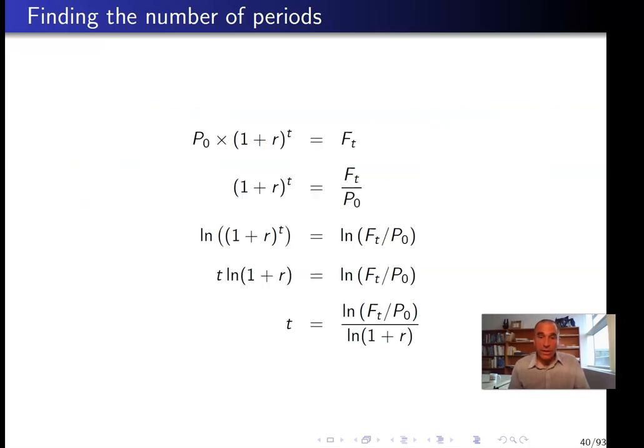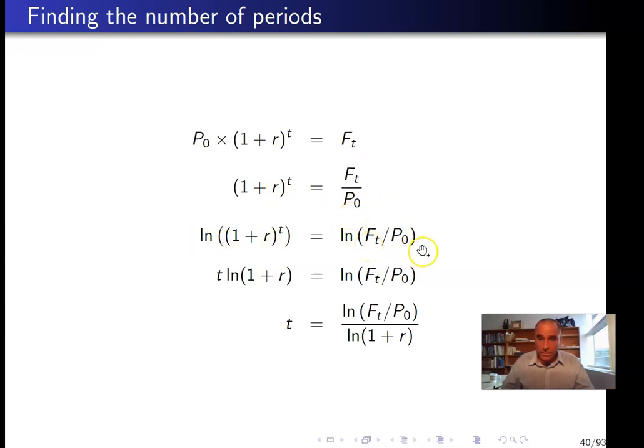So I want Ft, I know R, and I have P0 in my pocket. How many periods must I invest P0 to produce Ft at an interest rate R? First, I isolate (1 plus R) to the power T, which is future value over present value. Then I take the log on both sides.